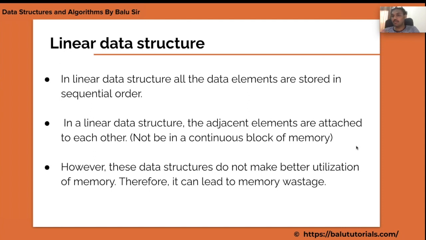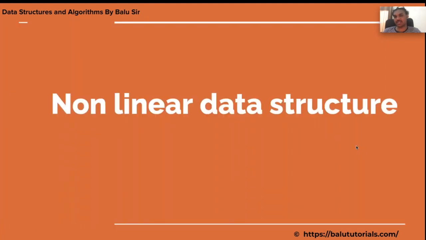It may or may not be a continuous block. But the problem is that linear data structures occupy more memory, and that can lead to memory wastage. This is all about the linear data structure.